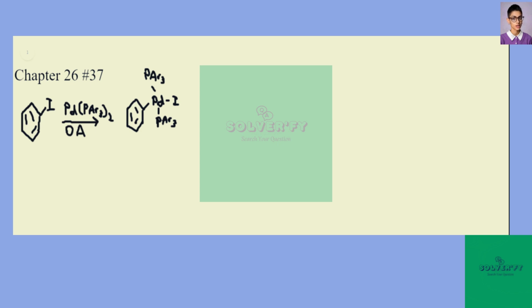So then the cyclohexene comes in there. Okay, and so we get a syn addition as our second step.